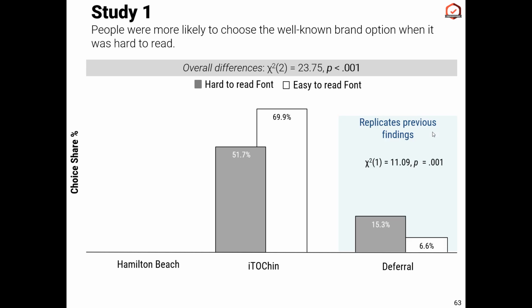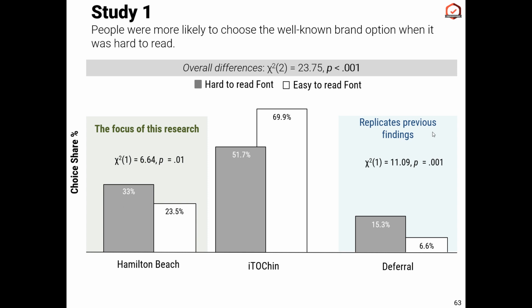And also we found that when it comes to disfluency, people defer more often, which replicates the previous findings of Novemsky and his colleagues. And regarding the focus of this research, we found that people choose more often the Hamilton Beach blender, or the option with a better heuristic cue, when it's hard to read the information.